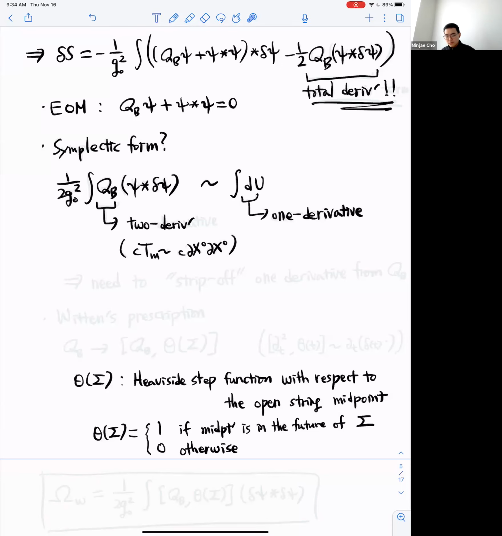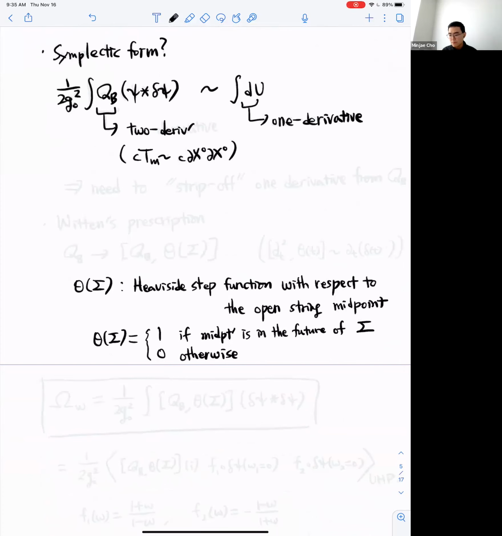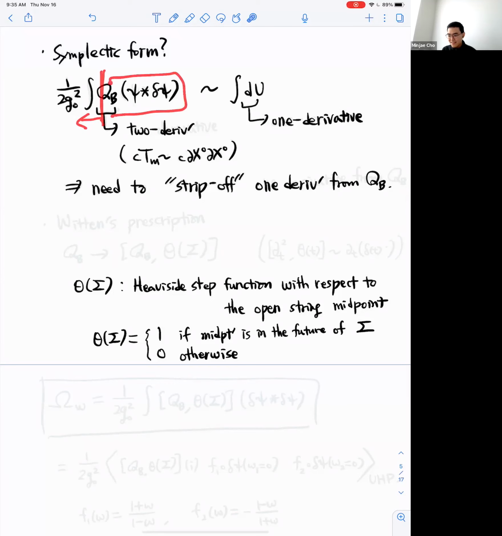Okay, so basically what we have to do if we want to write down the open string field symplectic form, we need to effectively strip off one derivative from Q_B, so that the leftover, say we stripped off one derivative, the rest is basically going to be this u.